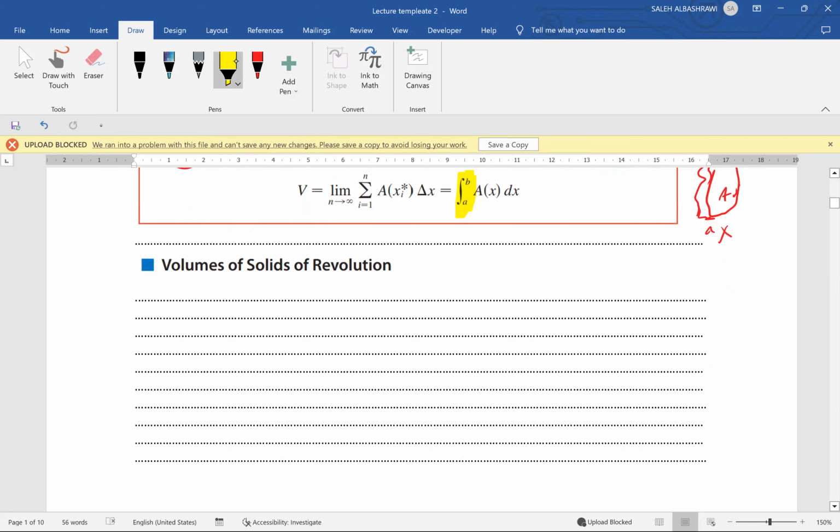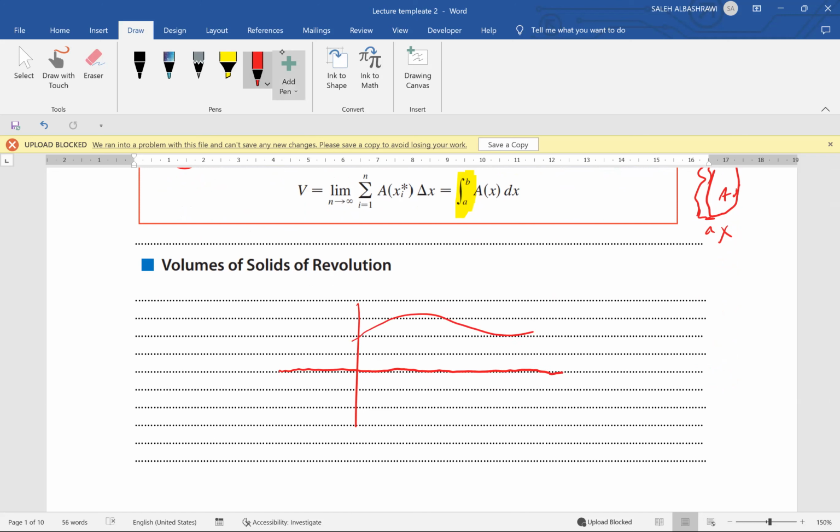Sometimes we can find the volume of solids by revolution, which means to create the volume, what I need is just to rotate the shape about the x-axis or y-axis.